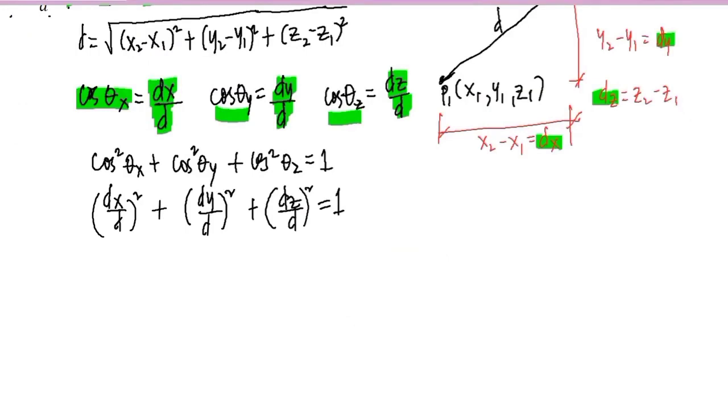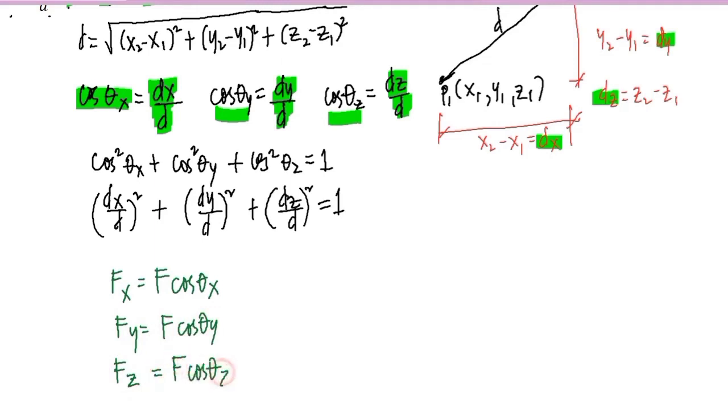And we should also note that for the components, the fx is just equal to f multiplied by cosine theta x. The fy is equal to f cosine theta y, and the fz is equal to f cosine theta z.